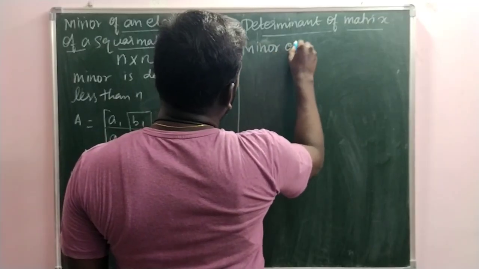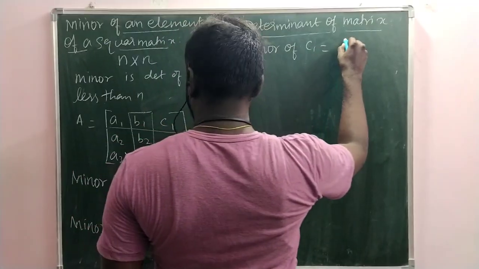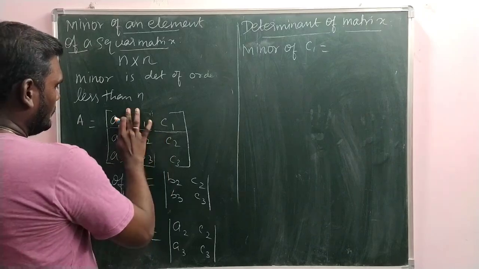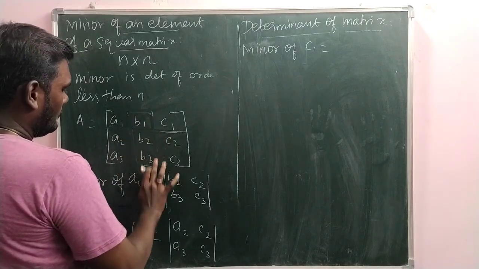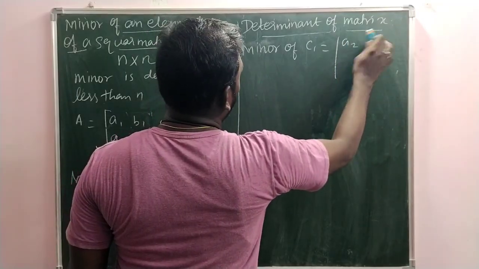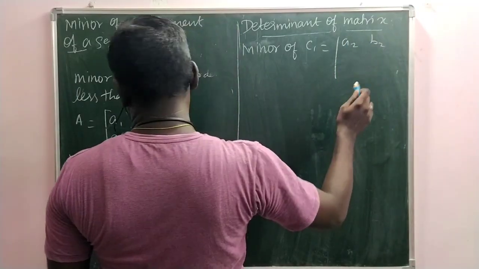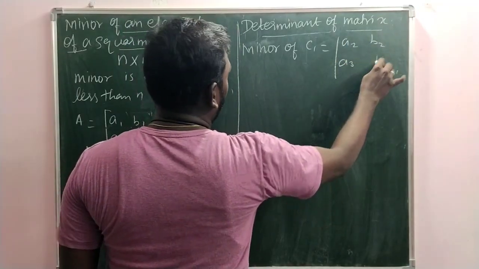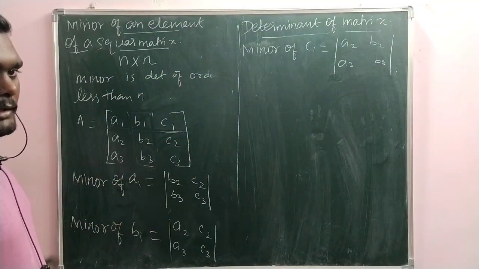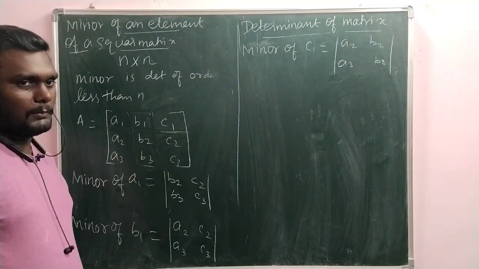Likewise, how many minors can we write? Leaving the C1 row and the C1 column, we get the determinant of A2, B2 and A3, B3. Like this for all the 9 elements we can write a minor, leaving the row and column of the corresponding element.